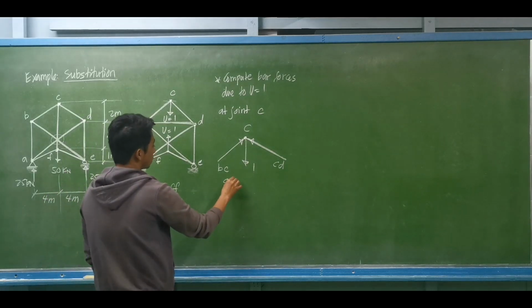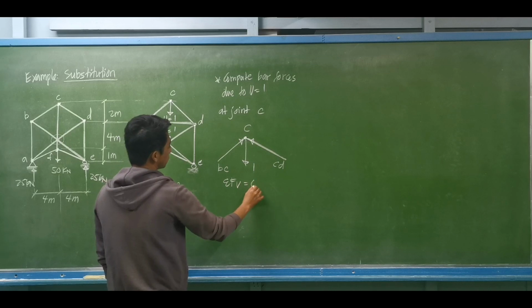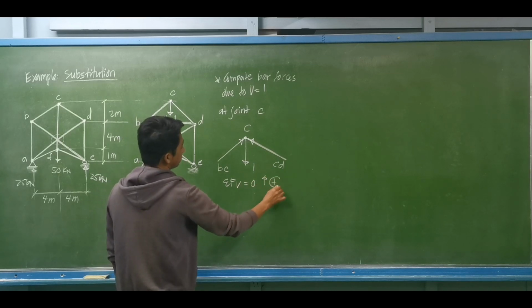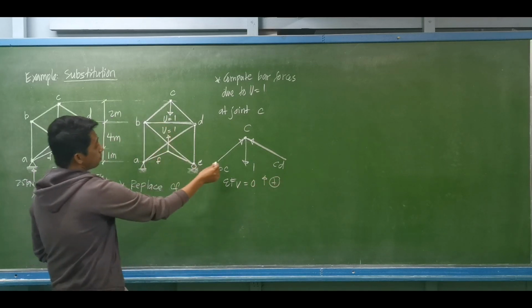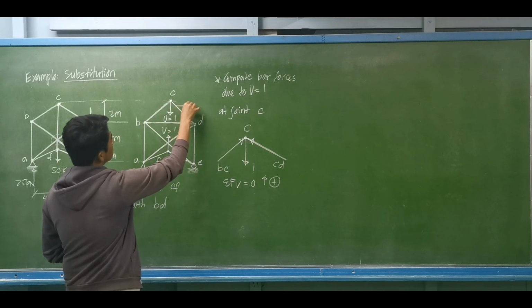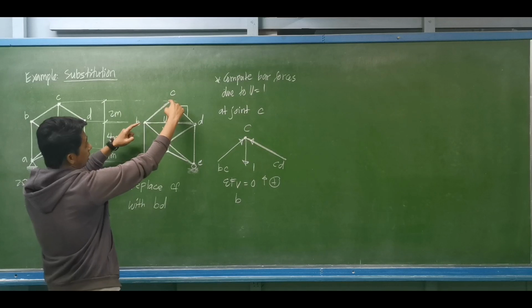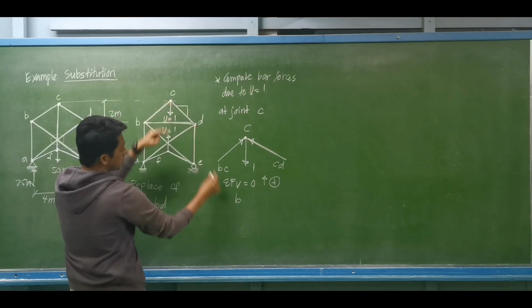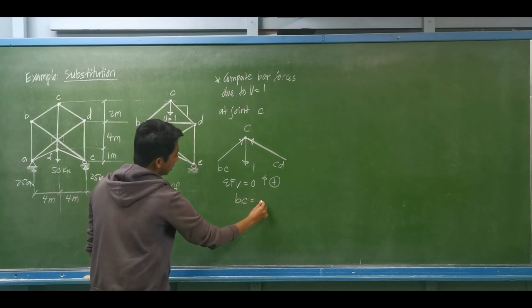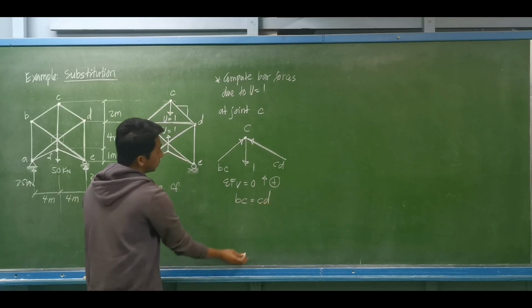We do summation of vertical forces equal to 0, with upward forces positive. What is the slope of member BC and CD? If you notice, BC and CD are identical, so BC is equal to member CD.